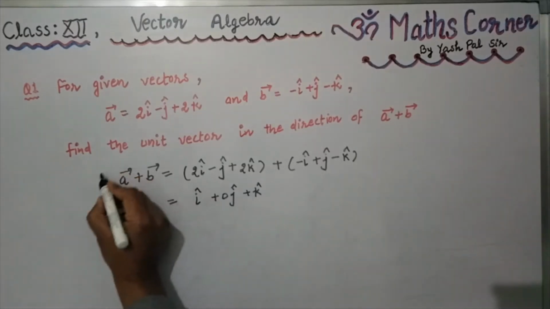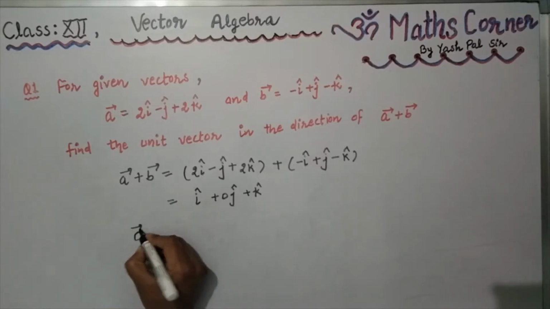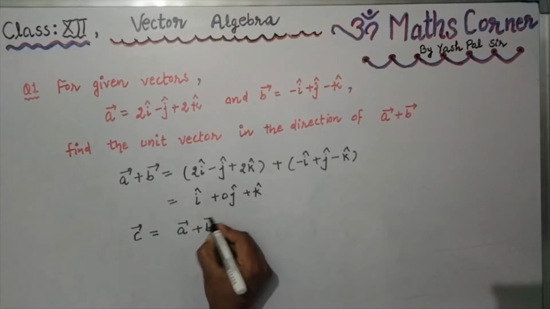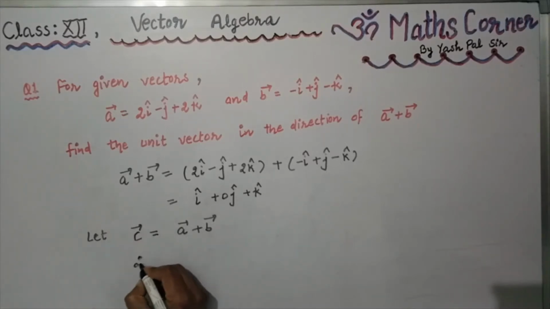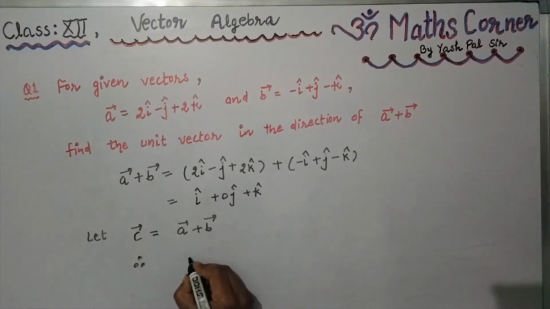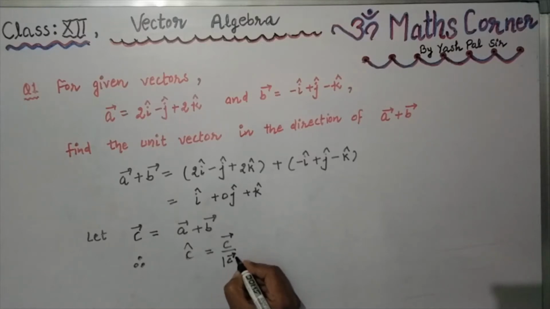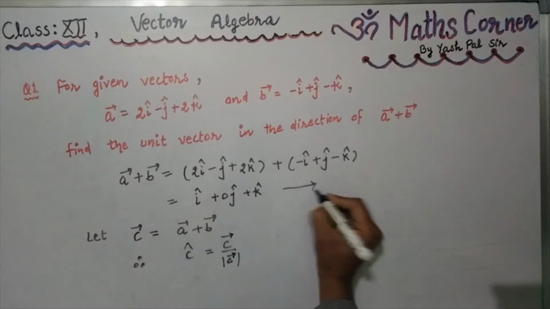Now suppose this whole to be vector C. Vector C is equal to vector A plus vector B. The question is, what is C cap? That is, what is vector C divided by its magnitude? Now how to find the magnitude?